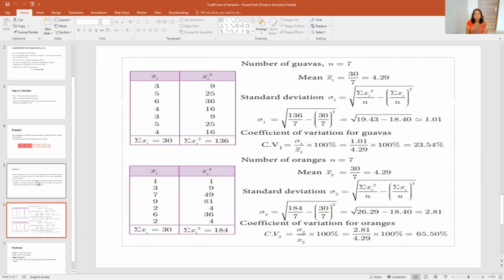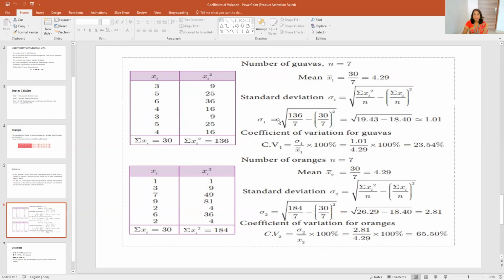The other formula of standard deviation is root of summation of x minus x average, whole square divided by n. You can also calculate the standard deviation that way. I have calculated x square here: 3 square is 9, 5 square is 25, 6 into 6 is 36, and so on. So summation of x square we have calculated as 136.